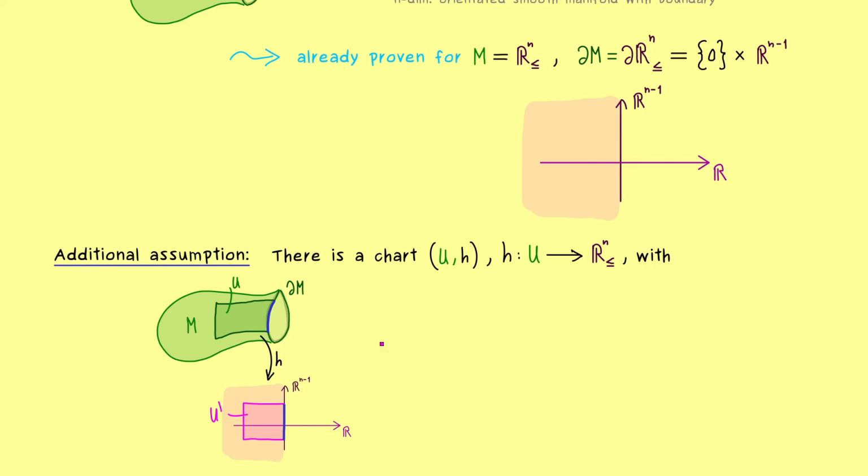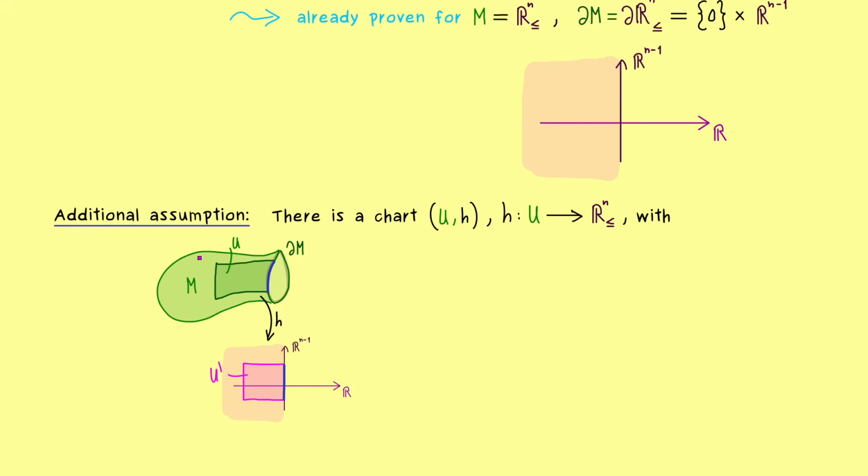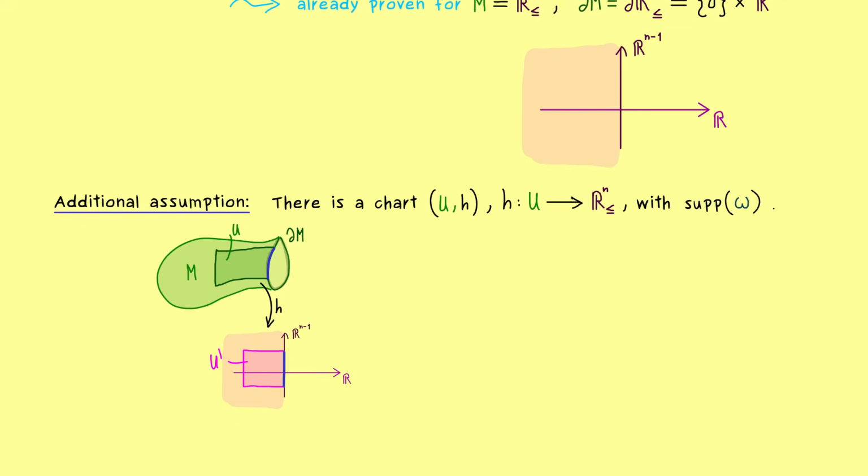And now the additional assumption we want for Stokes' theorem is simply that the whole support of omega lies in this chart U. This means for our integration, we only need one chart, namely (U, h). Hence with the picture here, inside U, we find our compact set given as support of omega. So the global look of the manifold does not matter, we only need this small part of the whole manifold.